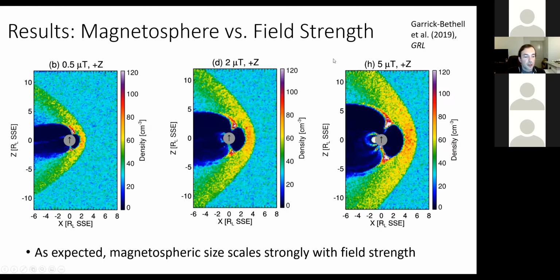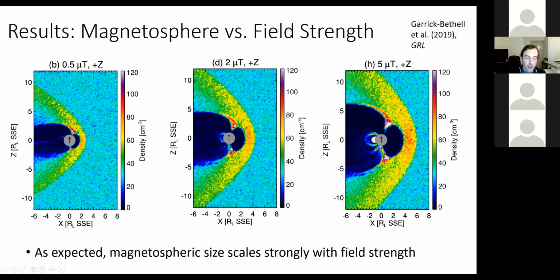Okay, so here are the first results from our simulations. You can see the 5 microtesla paleo intensity, which is the strongest simulation that we did. But you can see that there's a strong magnetosphere effect even at 2 microtesla. This is a picture of the density of the solar wind, and this picture maybe is familiar to you.